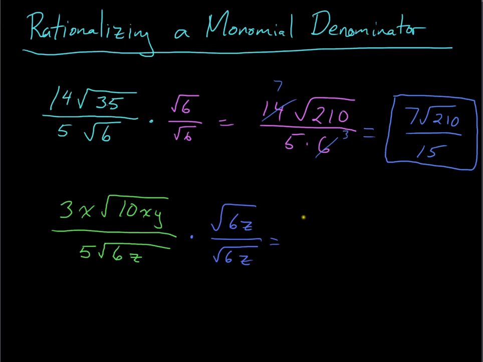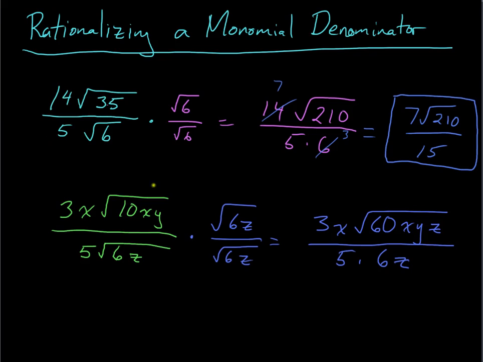So on top, now I've got 3x root 10 times 6 is 60xyz. On bottom, I've got 5 times 6z. Again, I can simplify the 3 and the 6, make it 2.